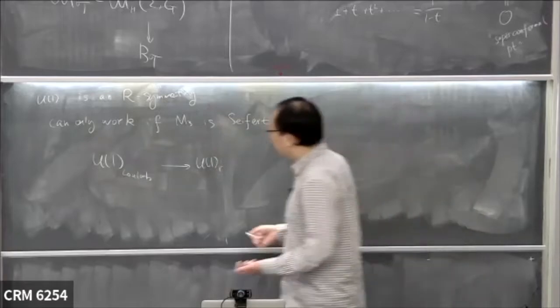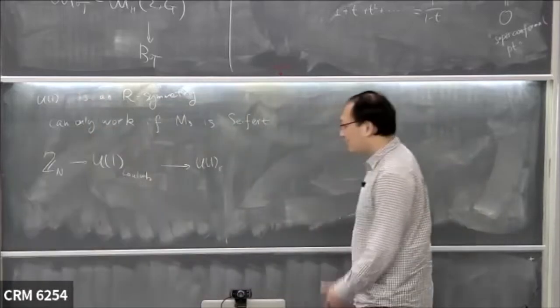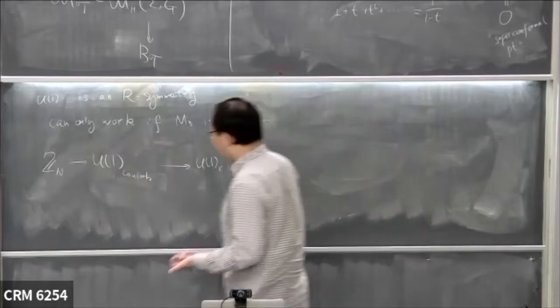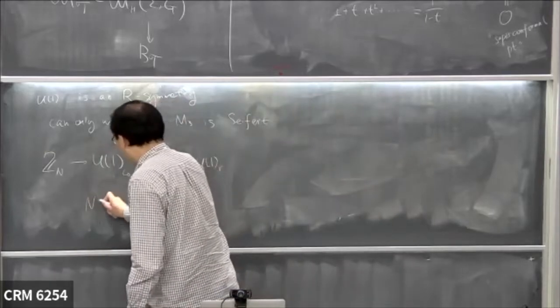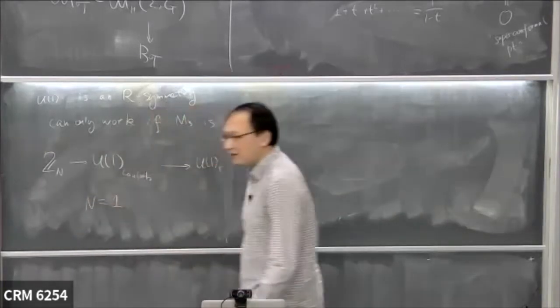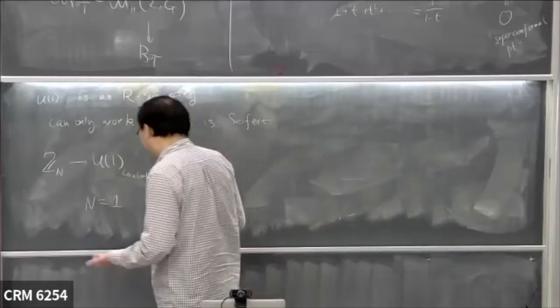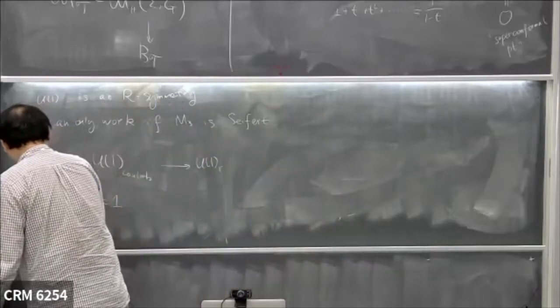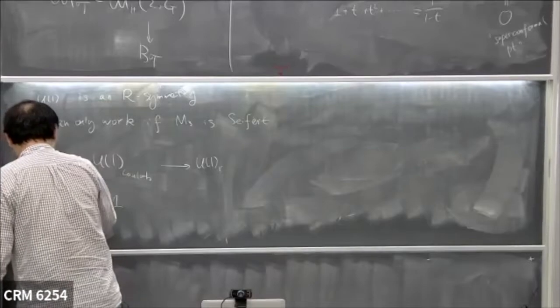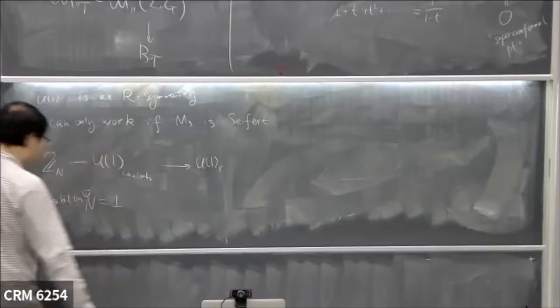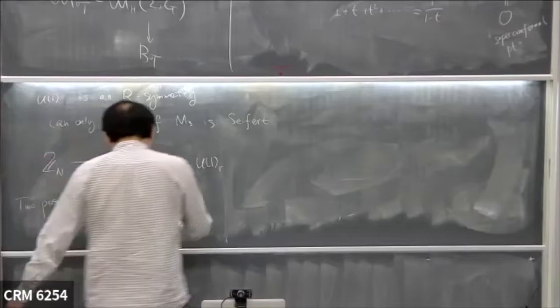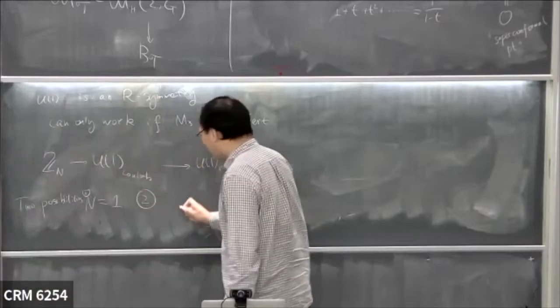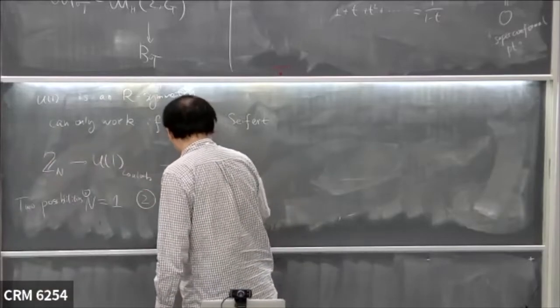And it can be an n-fold covering. In all the previous examples, we always have n equals 1. But that's just one possibility. So there are 2 possibilities. One is that n equals 1. The other possibility is that, as you can guess, n is larger than 1.